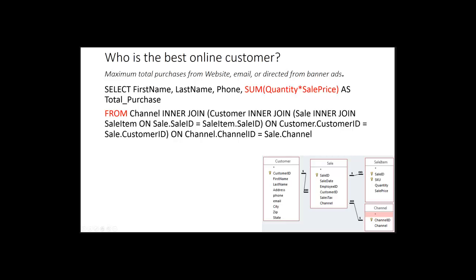So sale inner join sale item is the first step. This process is being processed first. Then the join of these 2 tables is joined customer table, and then at last channel, where channel ID is one of these 3, 1, 2, 3, and these are the IDs of website, email, and banner ads.